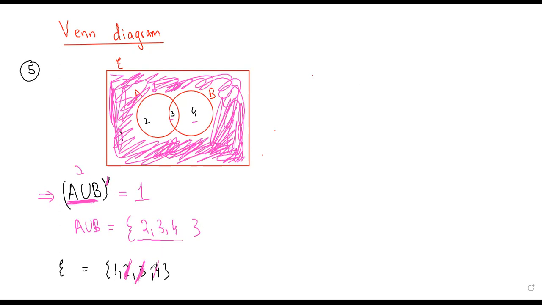I have 3, so I crossed 3. I have 4, so I crossed 4. I am left with 1 only. That is why this is going to be the region. 1 was representing this region, so I have shaded this entire region, right? Are we good with it? Okay, great. Very good.